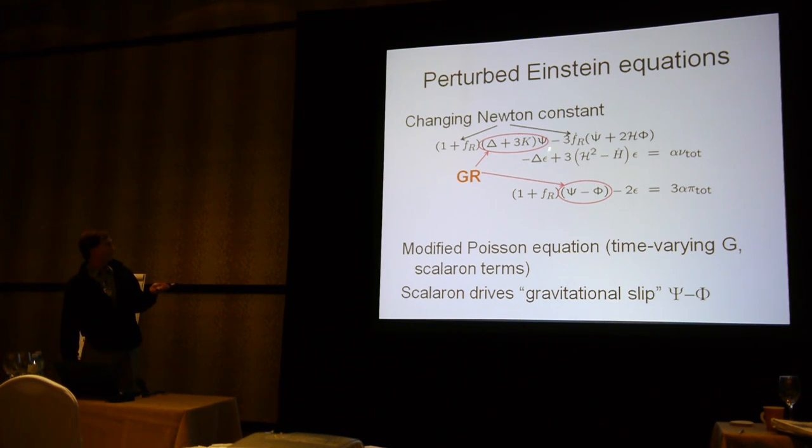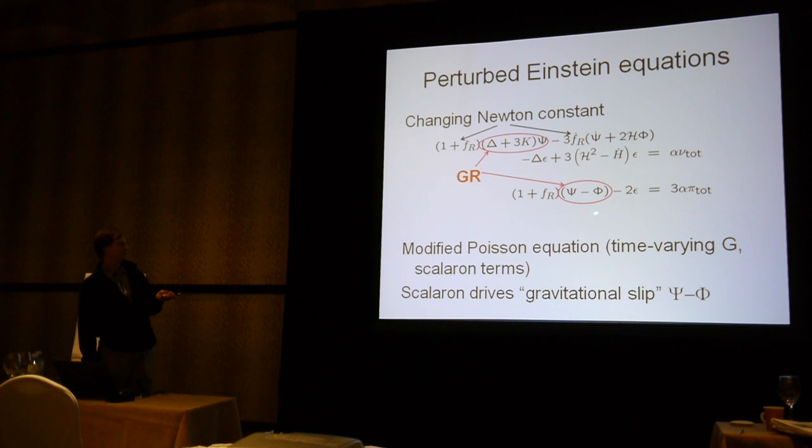For example, this epsilon enters into the Poisson equation similarly to the curvature potential. Okay, and so it is going to affect the gravitational dynamics of anything in response to these potentials. Moreover, this equation shows that the scalaron field can mimic a shear stress.